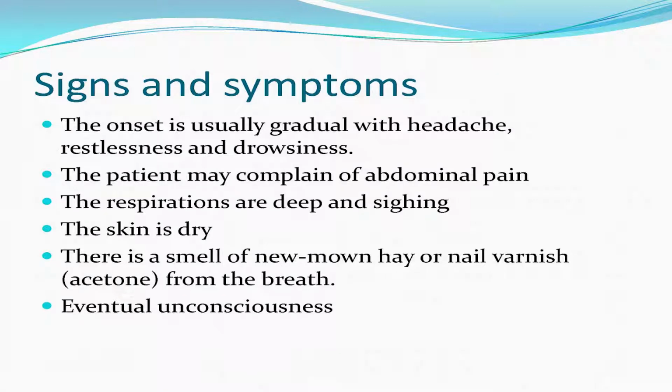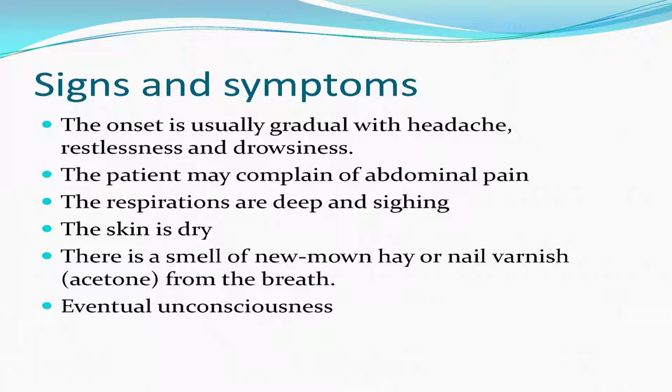There will be excitability of the nerves, which in the long run presents itself as headache. Someone who is having headache cannot rest, so there will be restlessness. And then because ketones have gone into the brain, the individual will look drowsy, as if someone who has drunk alcohol.